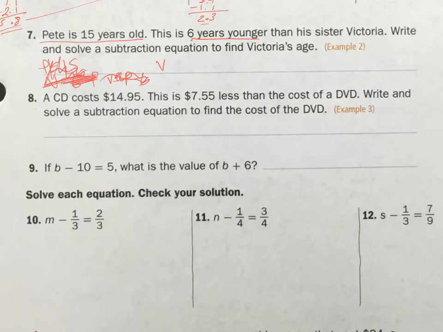And then if we take away 6 years, then we'll get to 15. Okay? So you could say Victoria is 6 years older. Okay? Pete is 15. But I'm going to do Victoria minus 6 years equals Pete's age.